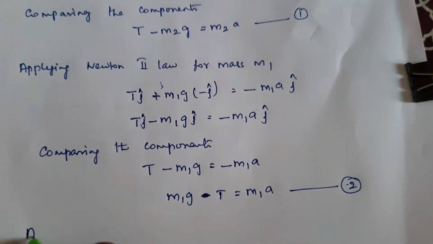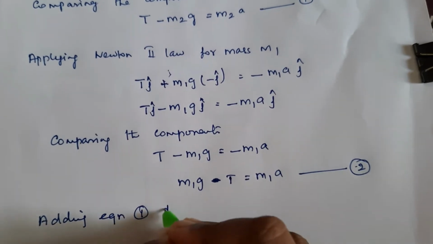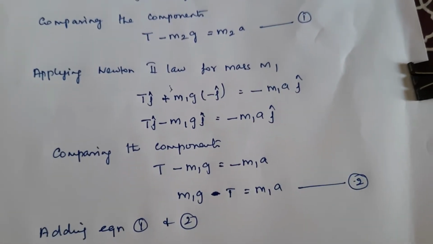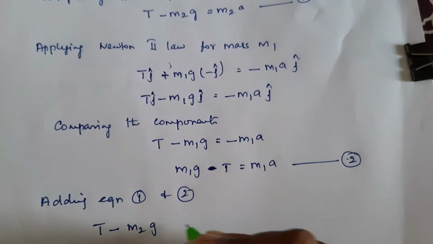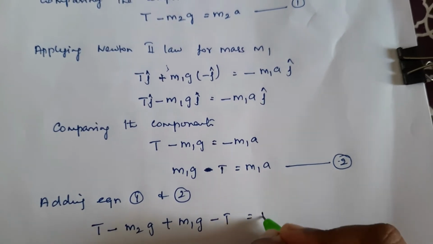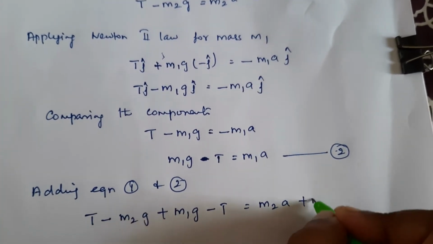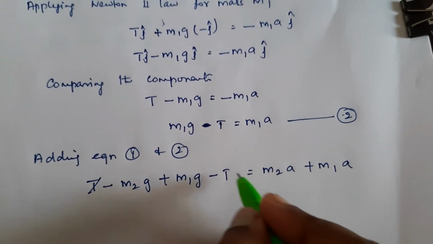Now adding equations 1 and 2, I am going to add the left hand side and the right hand side. So T minus m2g plus m1g minus T is equal to m2a plus m1a. T and T will cancel.